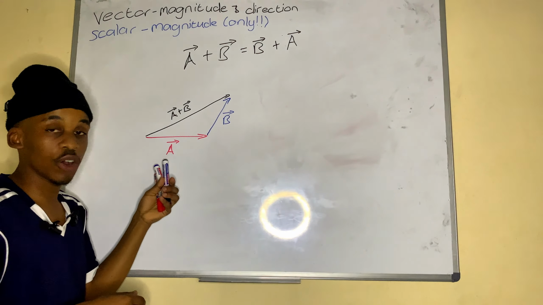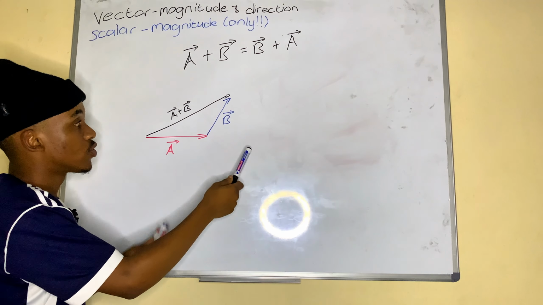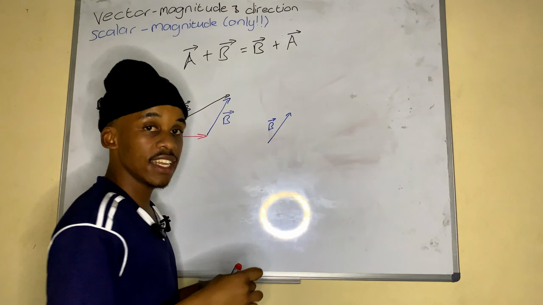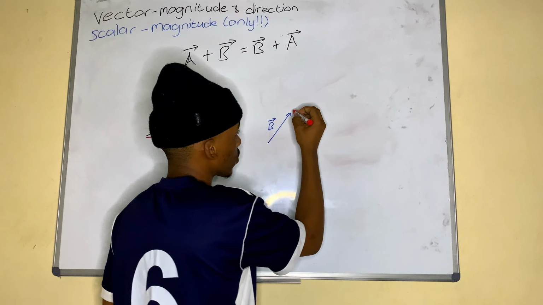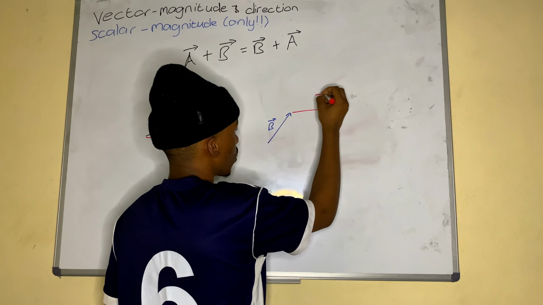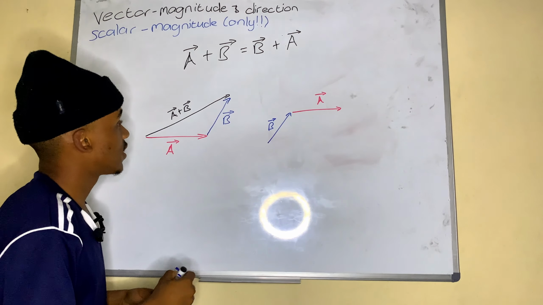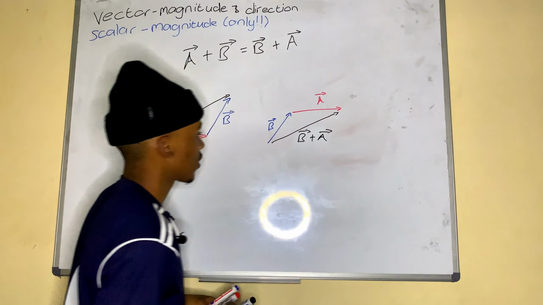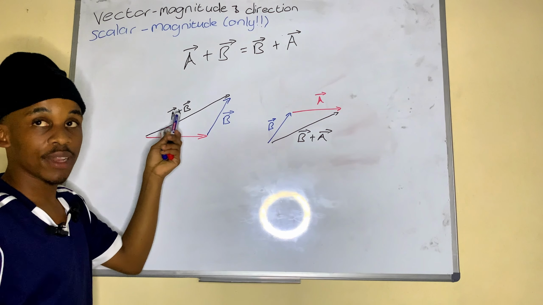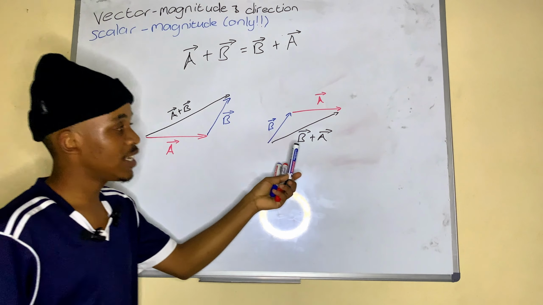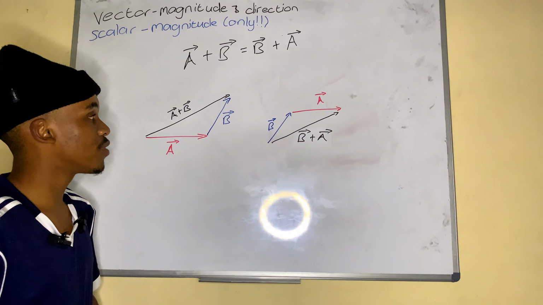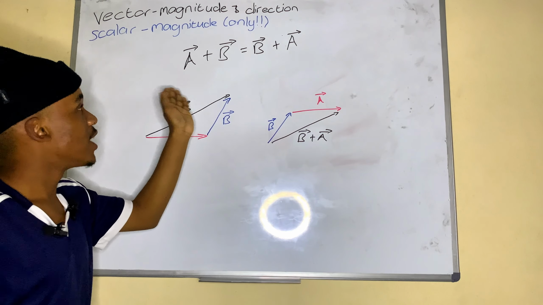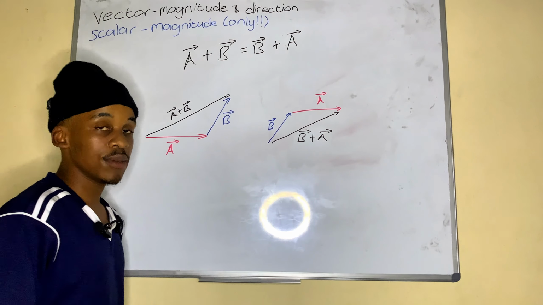And in this example, we've started with vector A and then we've added it to vector B. So if we start with vector B, adding it to vector A, the resultant vector B plus A lies in the same direction as vector A plus B, and the magnitude of vector A plus B is equal to the magnitude of vector B plus A. And so it has been proven that vectors obey the commutative law, which states that it does not matter in which order you add vectors, it's still going to give you the same value.